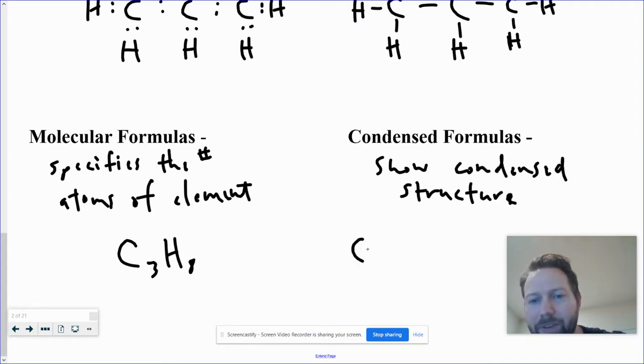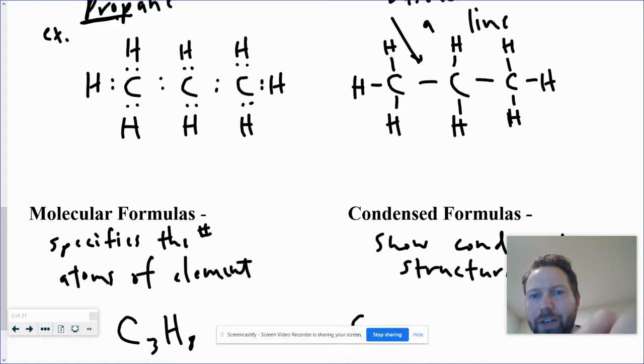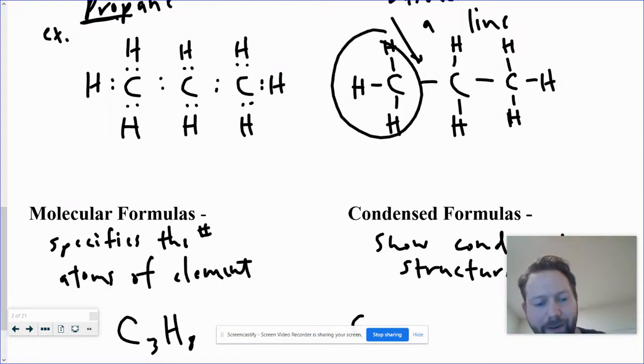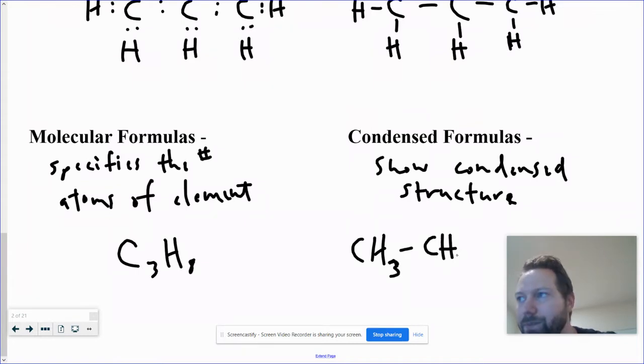Instead of having all the atoms, right? The structural formula has all the atoms here. You combine this part right here into a condensed or molecular formula. So that part would become CH3, and then that's bonded with a CH2 in the middle.